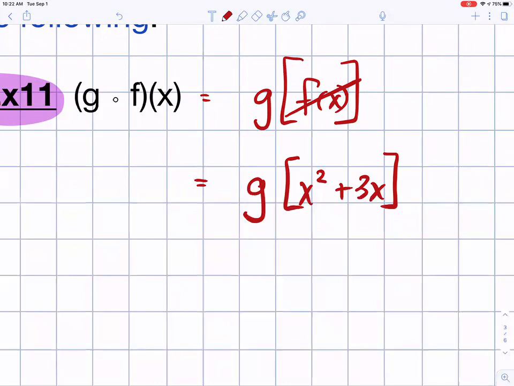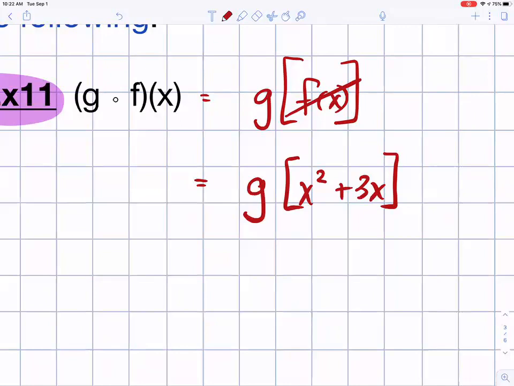You agree? So if I asked you to do G of 2, what would you do? What would it look like if I plugged in a 2 for all the x's? 2 squared plus 3 times 2.